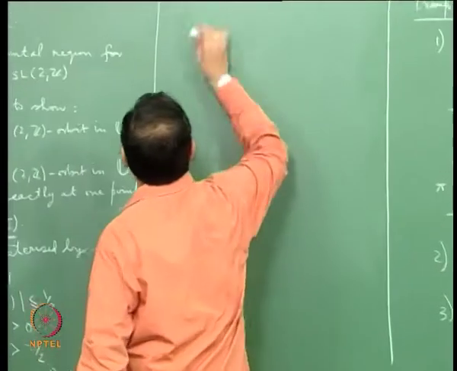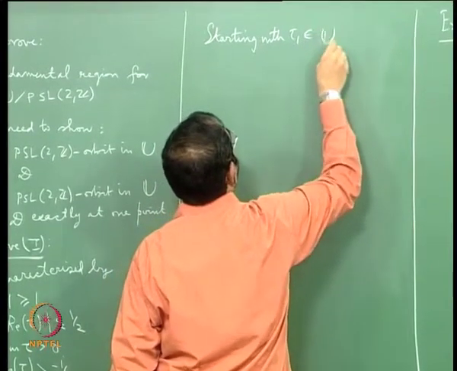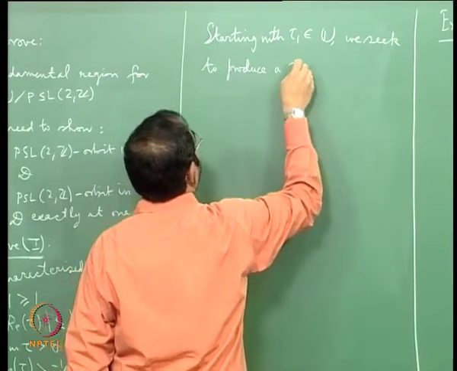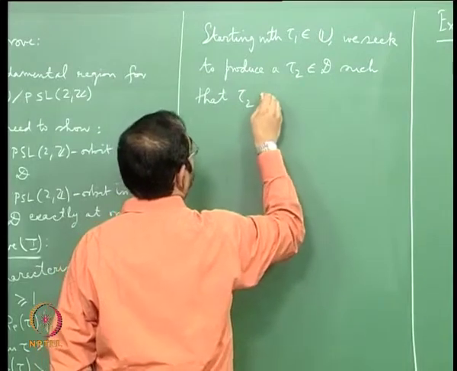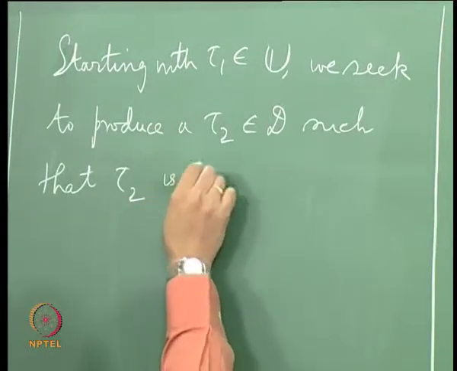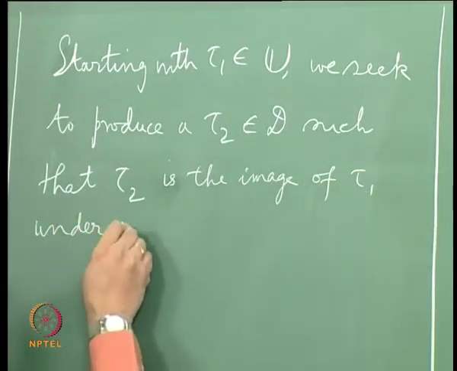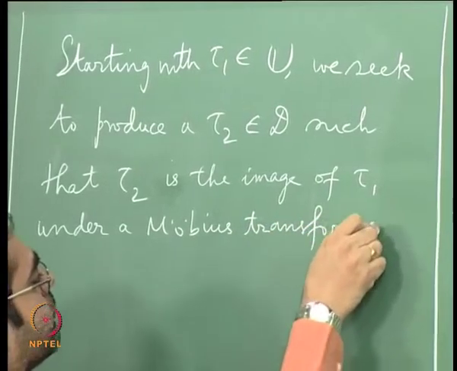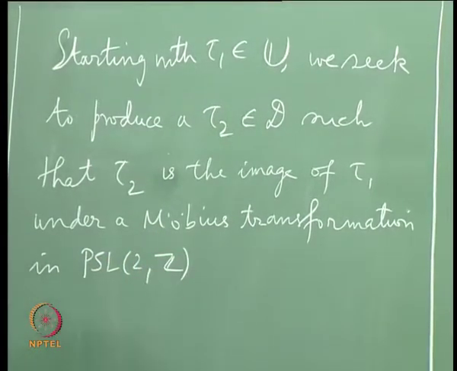So starting with tau 1 in U, we seek to produce a tau 2 in D such that tau 2 is the image of tau 1 under a Mobius transformation in PSL2Z, namely a unimodular transformation.